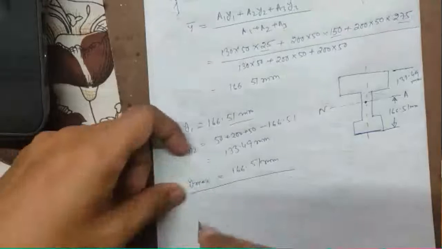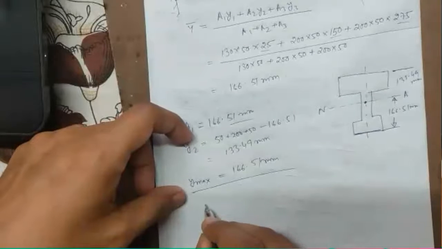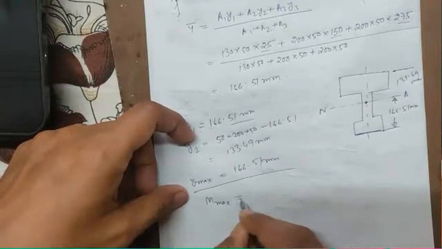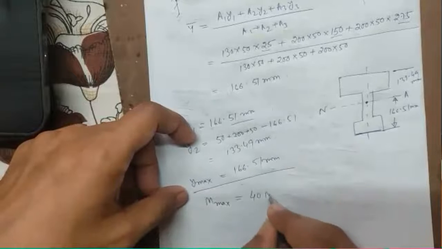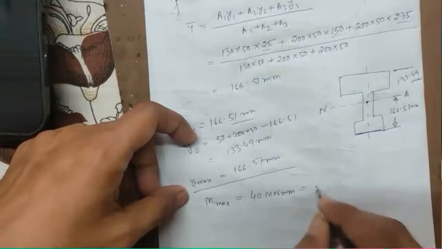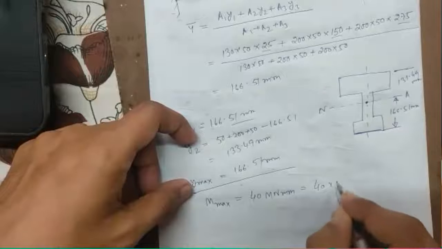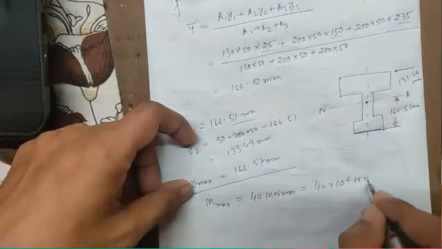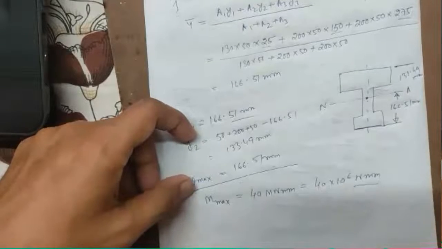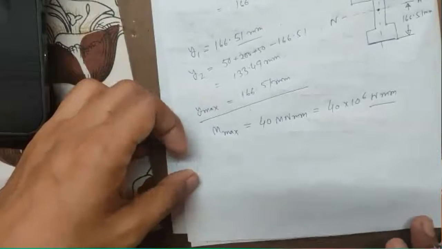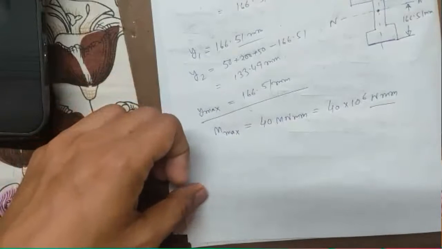So M max is 40 meganewton mm, so 40 into 10 to the power 6 Newton mm. Now M max is given and we have to find the relevant stress or sigma max for this M max.